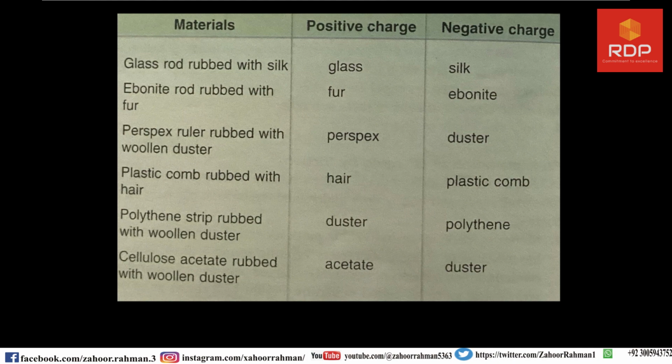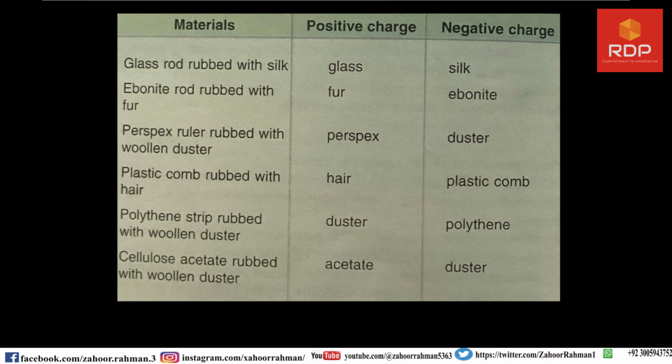Remember that this is a universal truth, that charge is never made or destroyed in the friction process. It is transferred from one material to another. That is, it is redistributed.